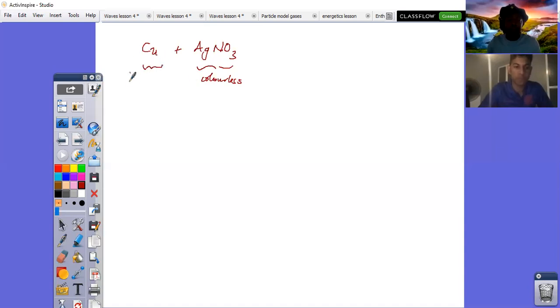And this metal, copper, is in chemistry described as being salmon pink, okay? So the question we're posed with first is, can such a reaction take place? So in other words, is copper above silver in the reactivity series?